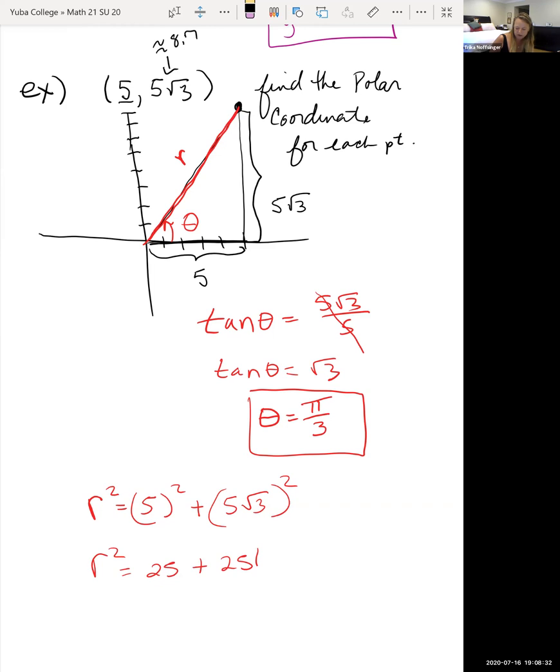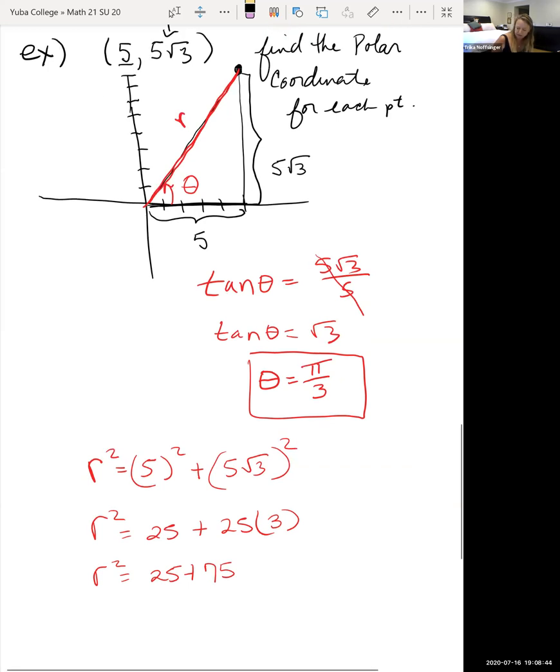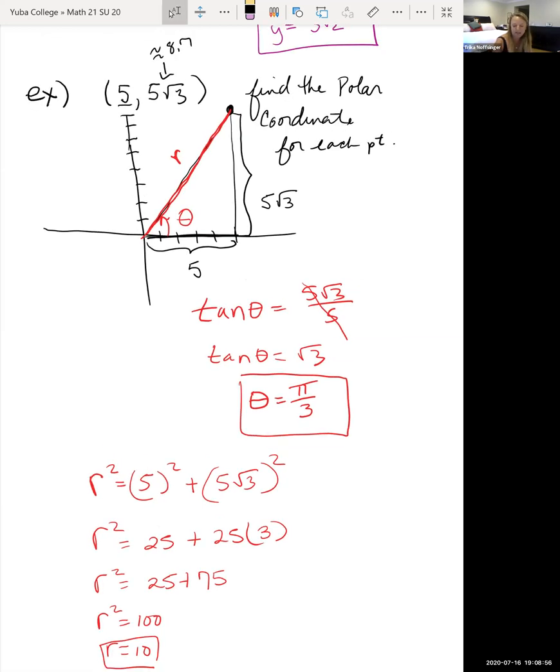Square root of 3 squared is 3. 25 times 3 is 75. r squared is 100. So that means r has to be 10. So we just found the polar coordinate that would be the same as that rectangular coordinate of 5, 5√3. r comes first in the point, so 10, comma, pi thirds.